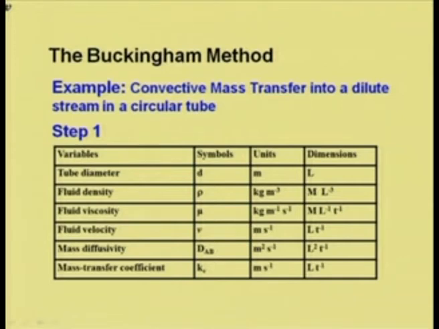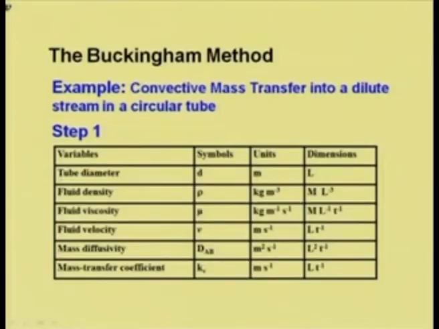So, let us consider a simple example of convective mass transfer into a dilute stream in a circular tube. So, the first step is to identify the variables pertaining to that particular problem. For this problem, these are the variables: tube diameter, which is symbolized as d, and unit is m, and dimension is L. Similarly, fluid density, fluid viscosity, fluid velocity, mass diffusivity, mass transfer coefficient.